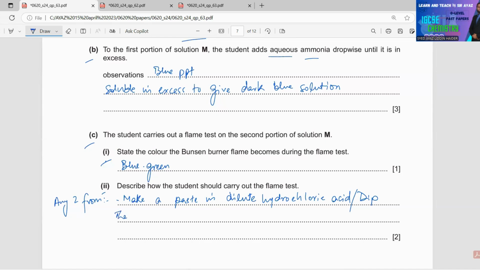Dip the wire or splint into HCl, that's hydrochloric acid, and bring it, hydrochloric acid paste actually, the paste is in hydrochloric acid, and bring it to flame.